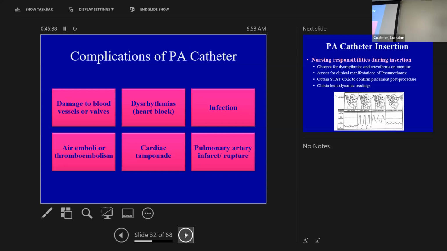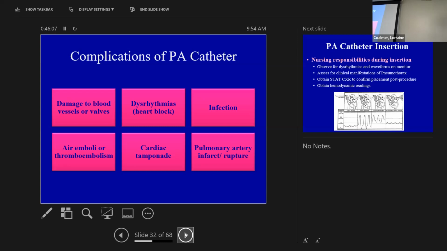If we suspect a huge air embolus, you'll hear a mill wheel murmur, a very loud churning murmur that they never had. Get them on their left side, head down. We want to trap it up in the right atrium.